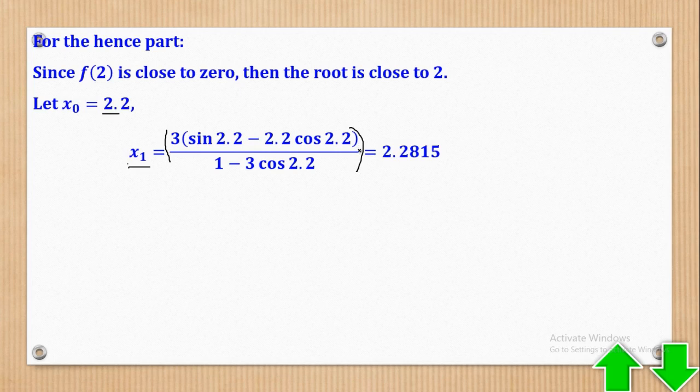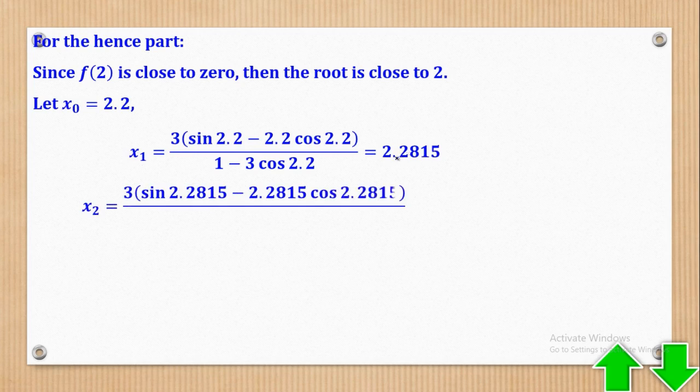When the calculator is in radians, I'll get 2.2815 as my x1. Then when I substitute this x1 where there is xn, I'll get x2 as 2.2789.